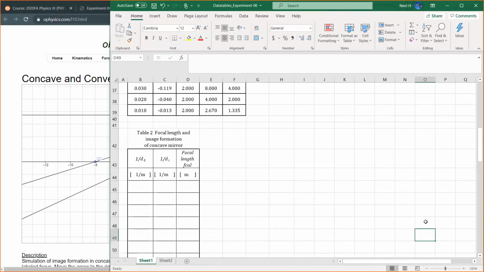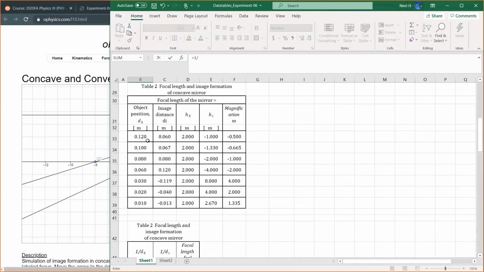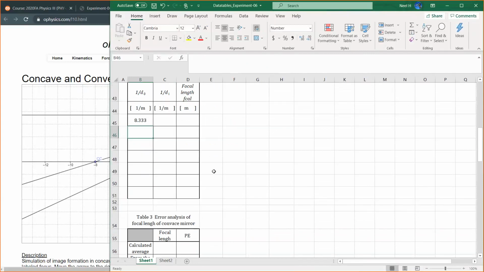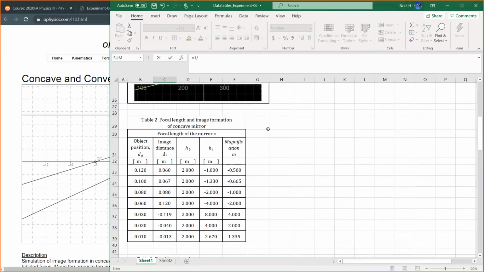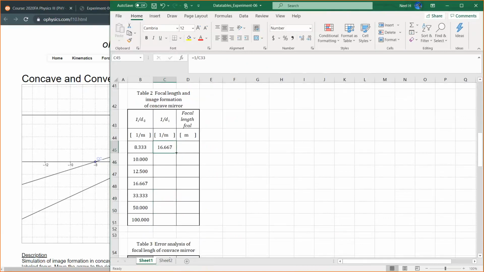And let's do 1 over d0, equal sign, 1 over d0. We already measured here, B33, and if you click and drag, then you automatically get the rest of the calculation. Similarly, equal sign 1 over di means C33, and then if you click and drag, then you can do automatically the rest of the calculation.